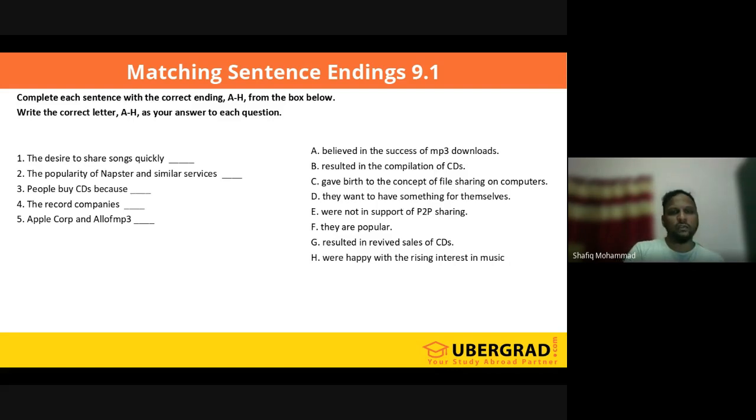So look into the keywords, go to the passage, okay? Read the paragraphs, then match this, okay?